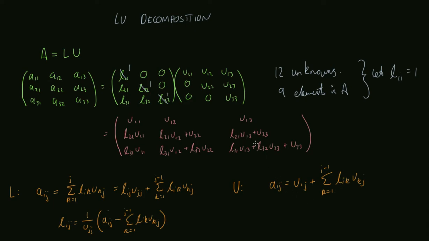That gives us our upper triangular element. If we rearrange that to make Uij the subject, we have Aij minus that summation, k equals 1 to i minus 1 of Lik Ukj. So we're going to use equations 1 and 2 to calculate U and L in our LU factorization.